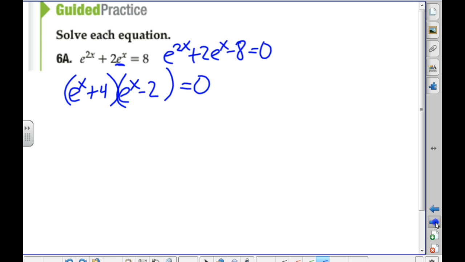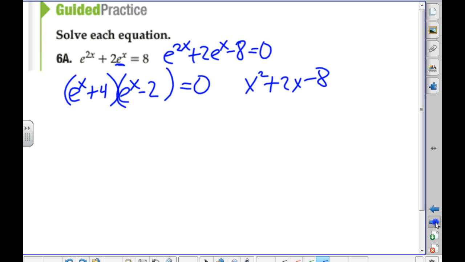We okay? What do you mean what happened? This is my x. I'm just factoring this. It's like an x squared plus 2x minus 8. I just didn't write it out that way because I'm afraid I'm going to forget at the end to do the log.